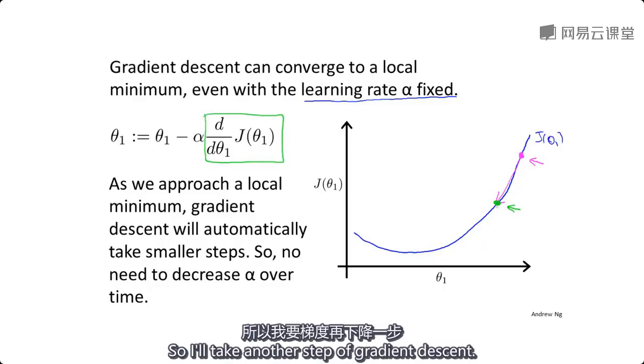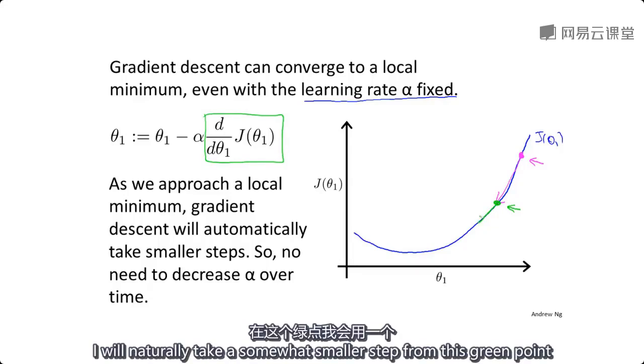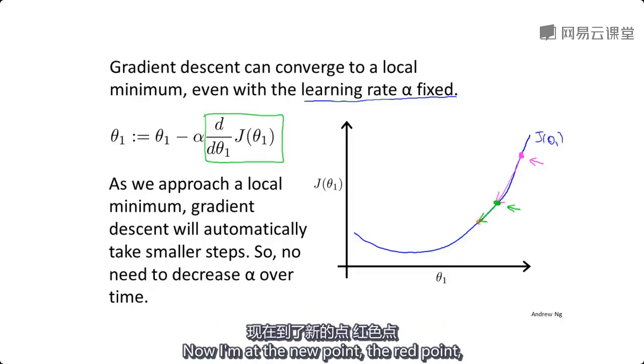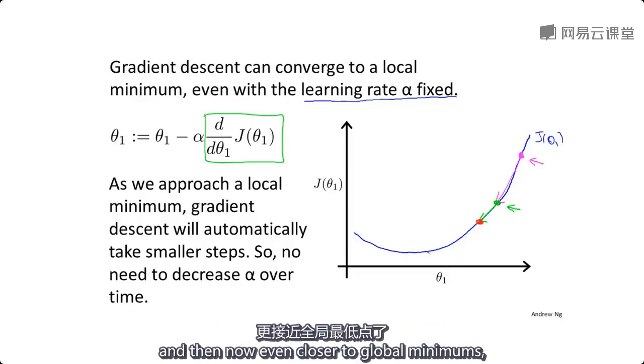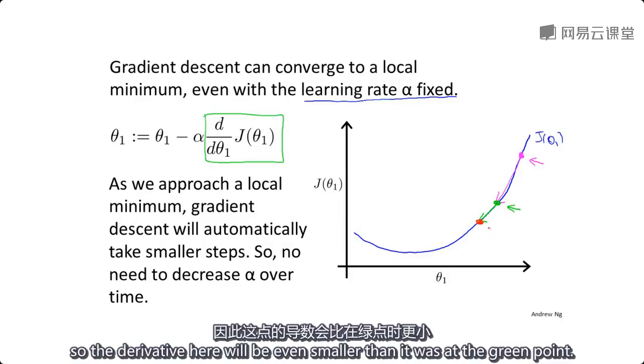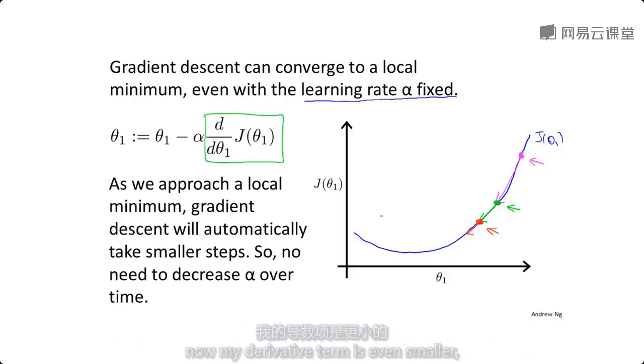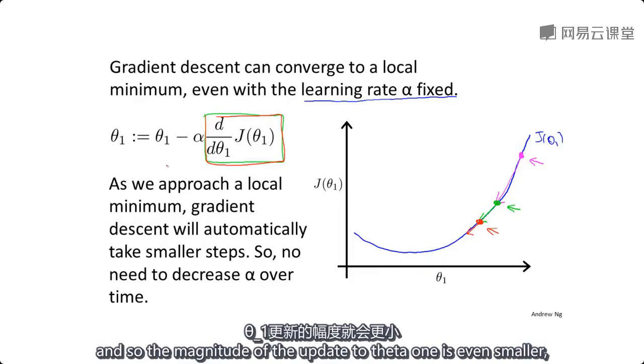So after one step of gradient descent, my new derivative is a little bit smaller. When I take another step of gradient descent, I will naturally take a somewhat smaller step from this green point than I did from the magenta point. Now I'm at a new point, the red point, even closer to the global minimum. The derivative here will be even smaller than it was at the green point. So when I take another step, the magnitude of the update to theta 1 is even smaller.